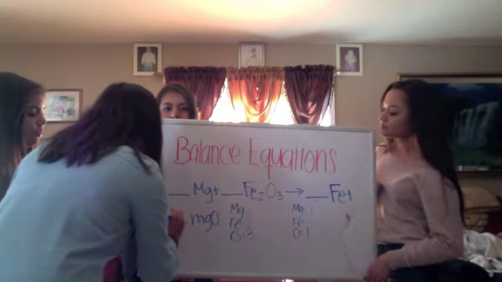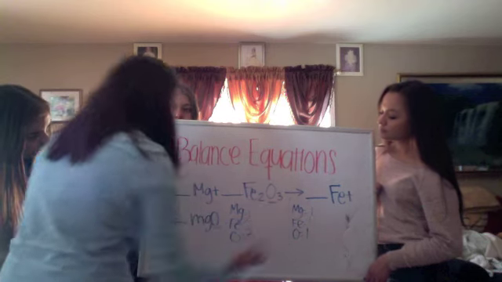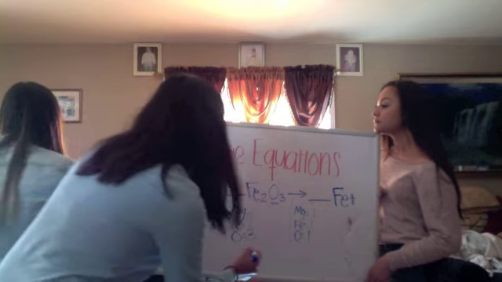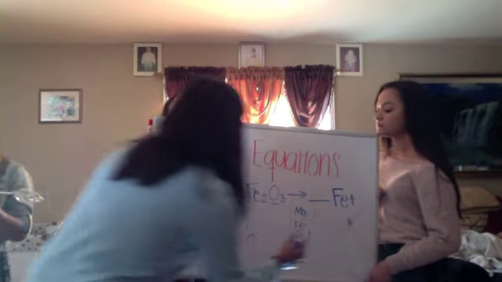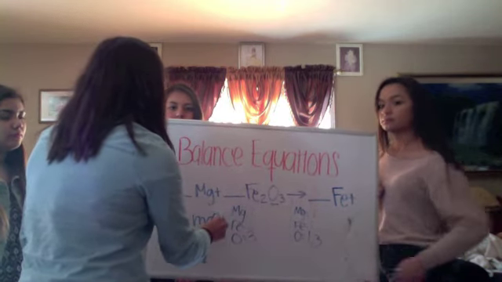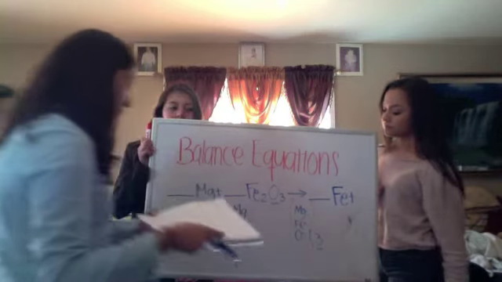So you multiply this side by 3 so that the oxygen here is equal to this oxygen. Any questions? No? Okay. So then you write 3 oxygens on this side because 3 times 1 oxygen is 3. So that's how you get this number.